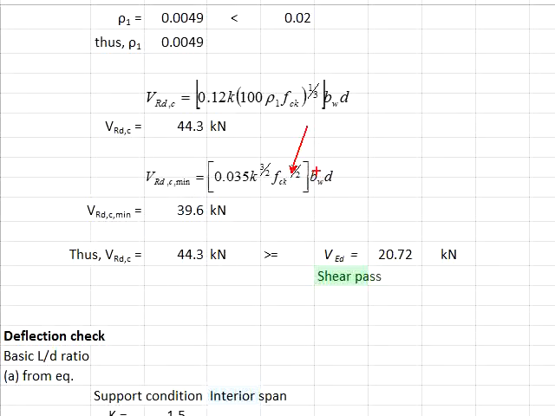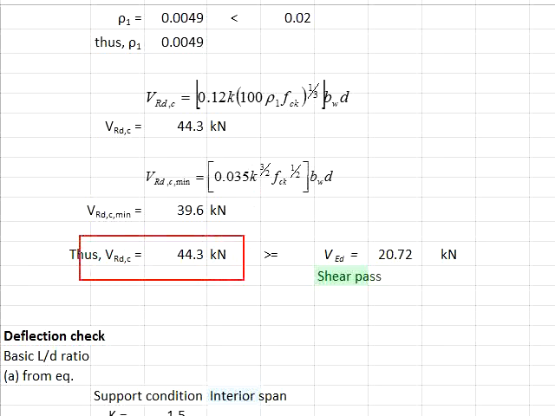Substitute fck, 1 meter unit width, and the depth of this staircase. You get 39.6 kN. The shear resistance of the staircase will be the larger value of these two. That gives you 44.3 kN.